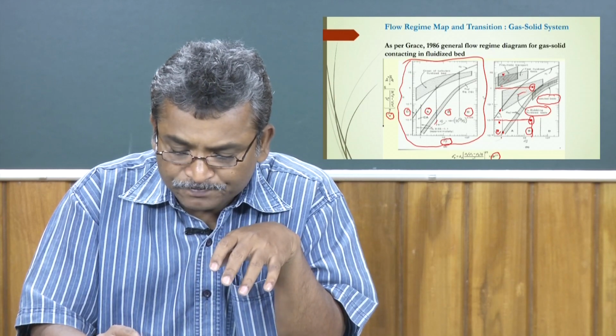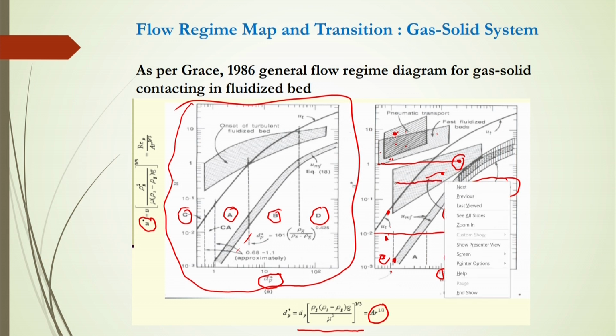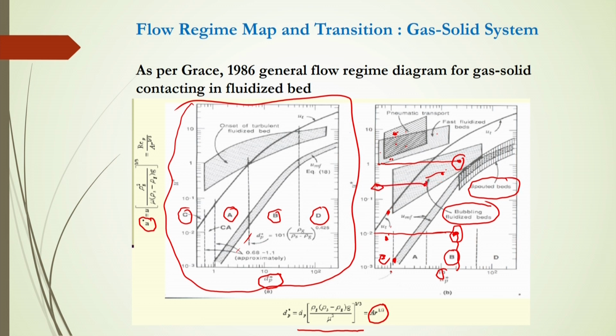Then you have to select B type particles first. If I select the B type particle, and want to operate at this point, where dp star is equal to 10, then the minimum velocity should be at this point. So, this is the point from which you can get, with this B particle, what the velocity of the gas should be to get the bubbling fluidization condition.